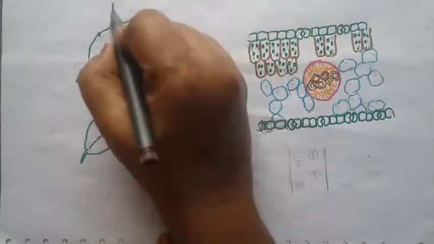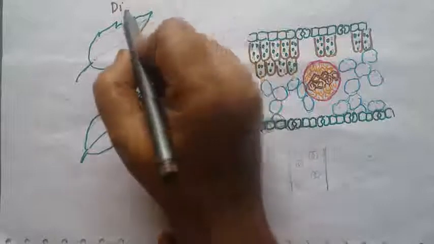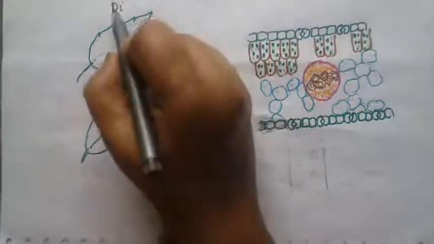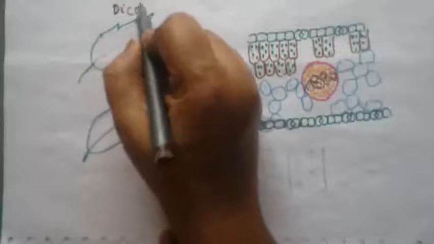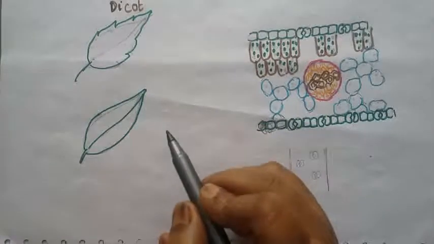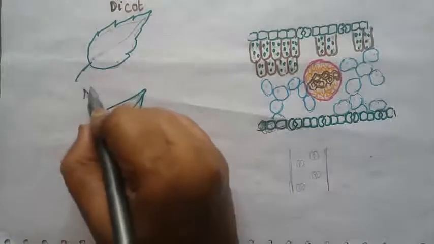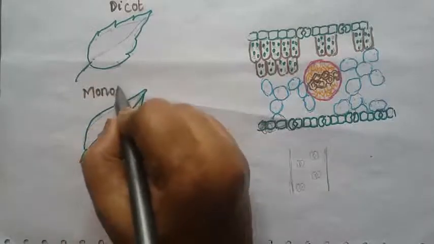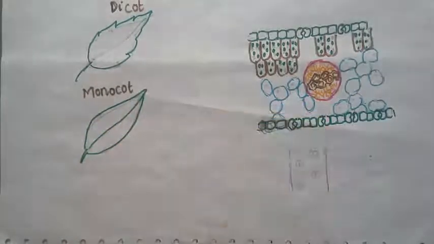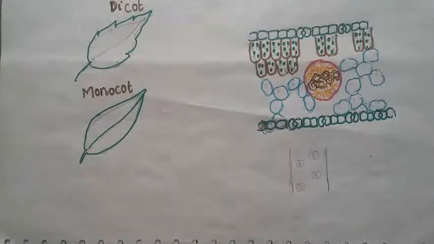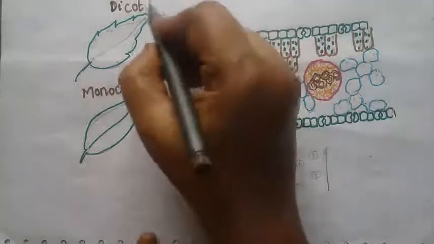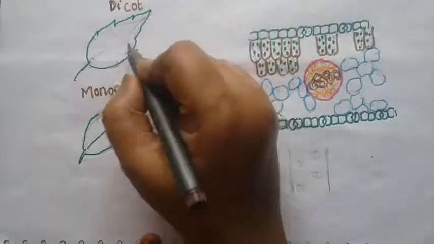The leaves which are found in the dicot plants, and leaves which are found in the monocot plants. Fine. So all the dicot plants have a particular type of venation, right?